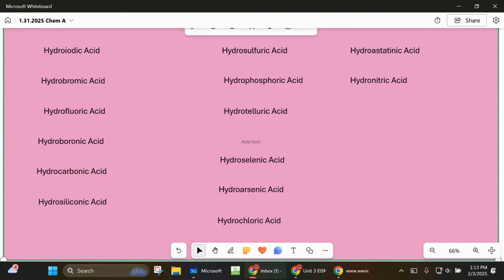Where would that minus 2 go in the formula when you do the crisscross method? Okay, so put it there. Now the only thing left to do is what every other one of these acids did. There you go. You are done.